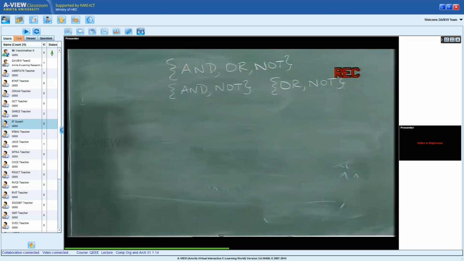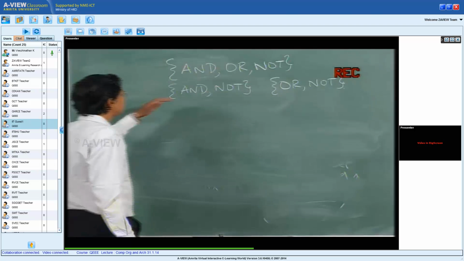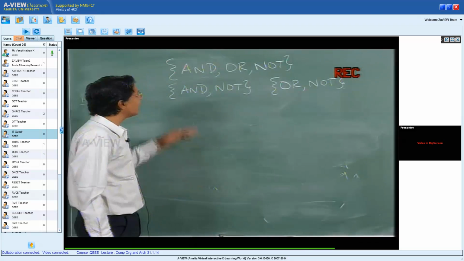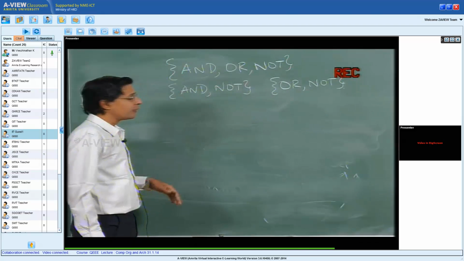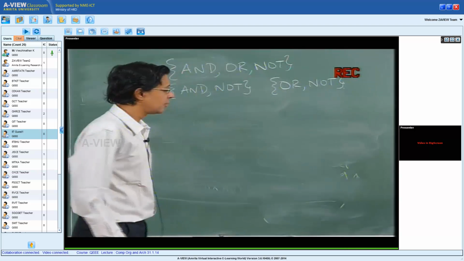So we are seeing three functionally complete sets of gates. Using the gates in any one of these sets, we can realize any Boolean function that is given to us.